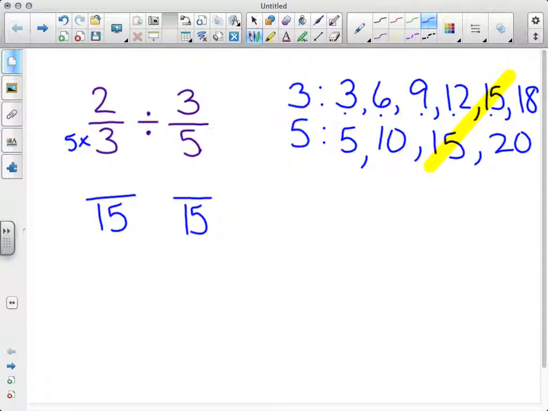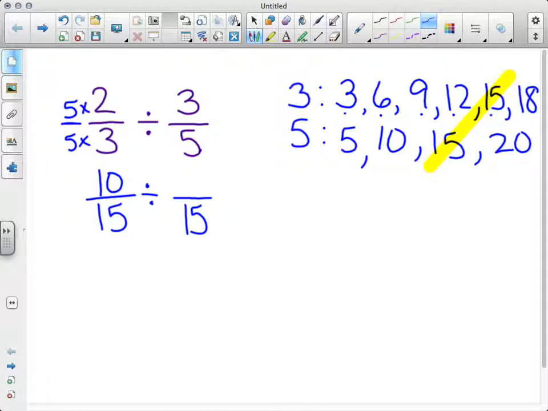Now I want to keep this expression equivalent, so what we do is we multiply by 1, because we know that because of the identity property, when we multiply by 1, it doesn't change any number. And 5 over 5 reduces to 1. So I can make the same fraction, but make it look different. So 5 times 3 is 15, 5 times 2 is 10.